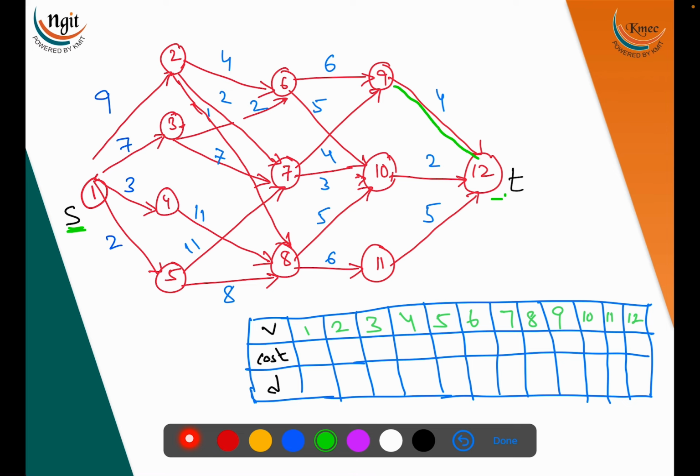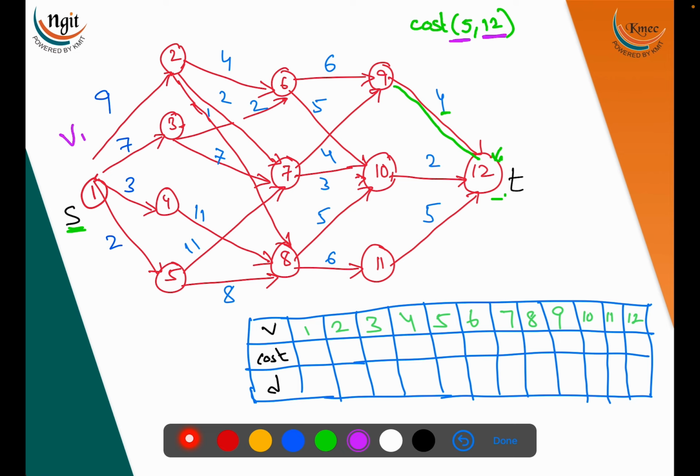This edge always shows that you are traveling from 9 to 12. But when you are moving from 12, then it is a defined cost. 4 is a defined cost. So we are moving from what? Cost 5 comma 12. What does this 5 represent? 5 represents the stage number. 12 represents the vertex which is available in the stage.